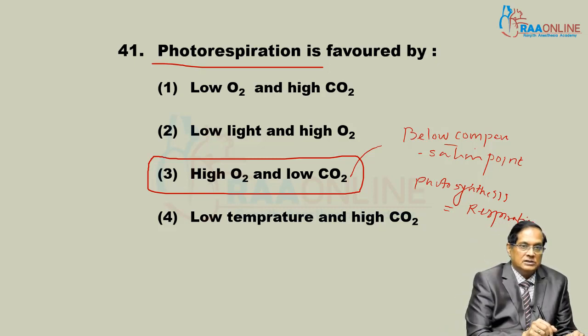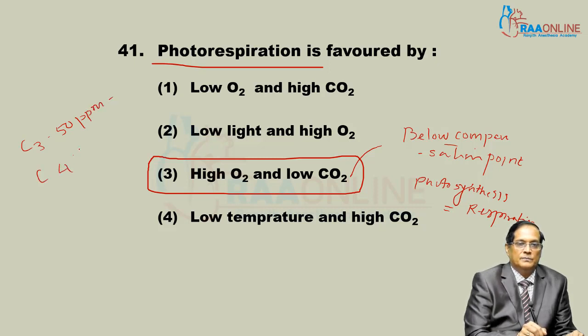The CO2 compensation point for C3 plant is 50 ppm, that is high, and for C4 plant it is 1 ppm to 10 ppm, that is quite low.